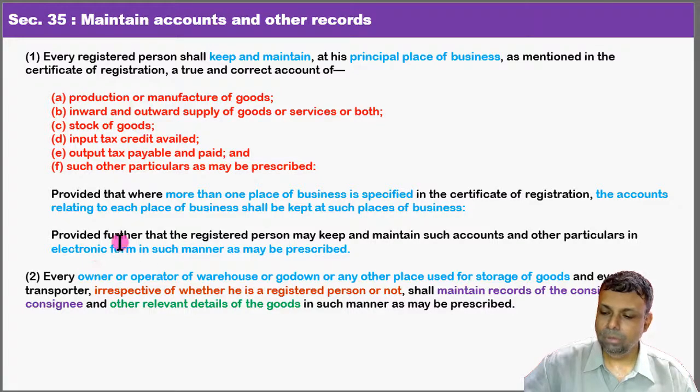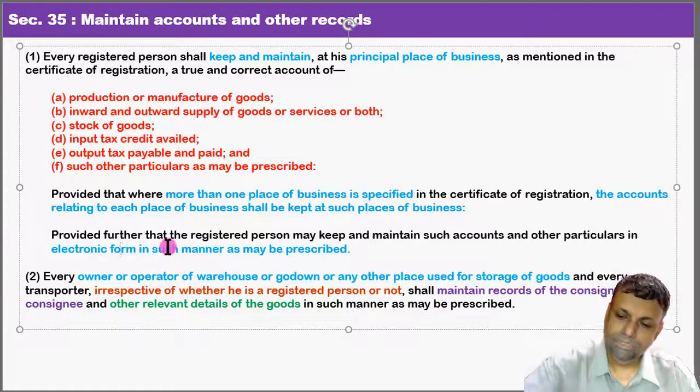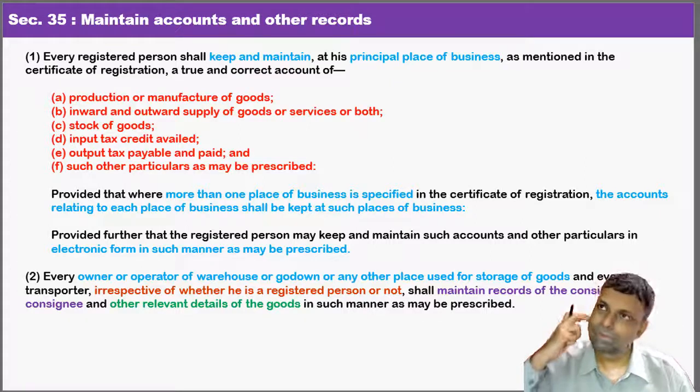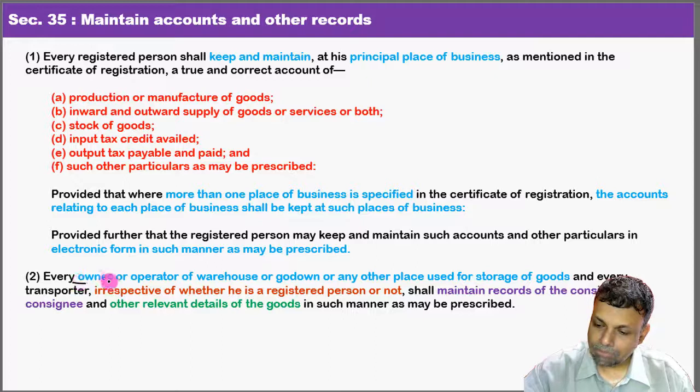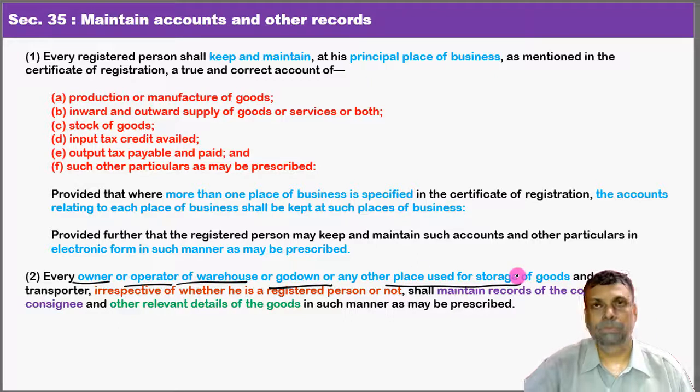One valuable point which I just want to bring to your notice is that these particular records, that means accounts, records, details and all that kind of things, whether you are owner, operator of the warehouse, or operator of a godown, or the place used for the purpose of storage.